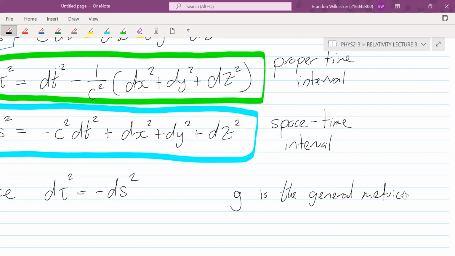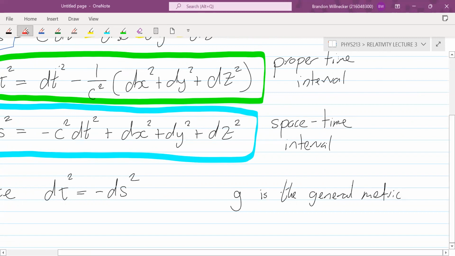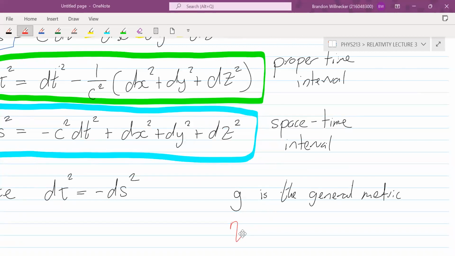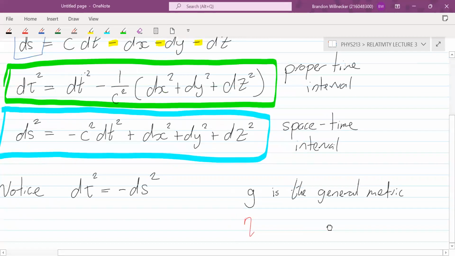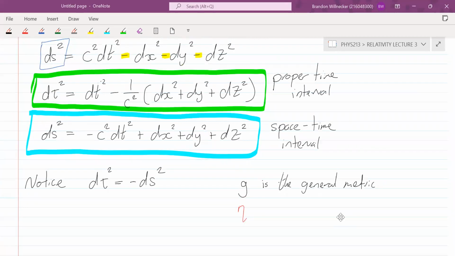However, it is general, so we can use it for more things like general relativity. Specifically for special relativity, you might see this referred to as eta. But it's exactly the same thing. It's just the special case of special relativity. We use this eta symbol instead of g, but it is exactly the same thing as we saw before.